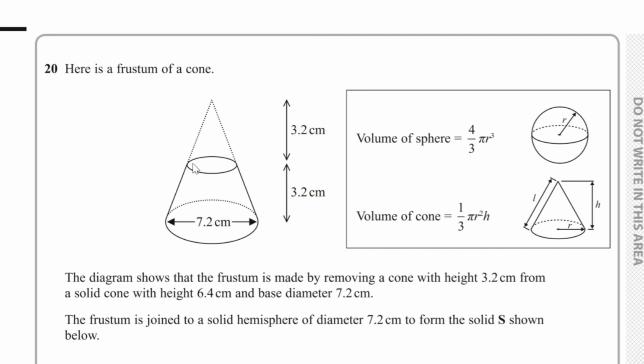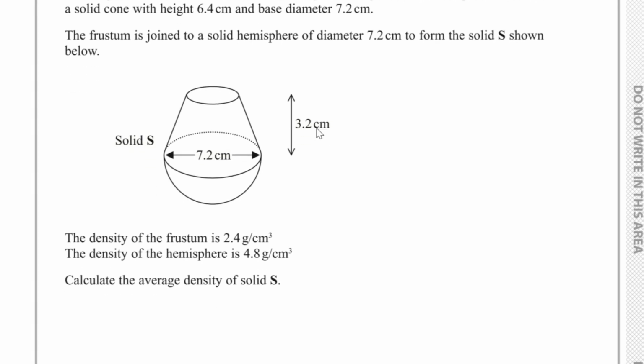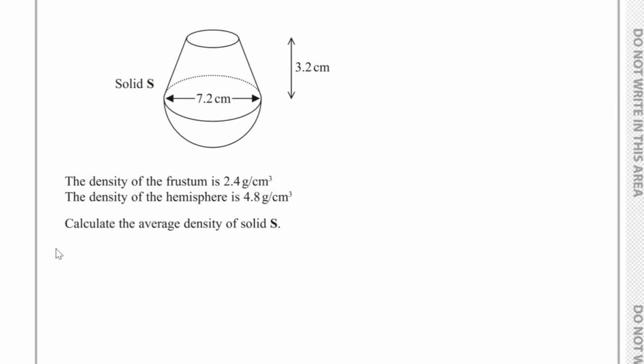Well, what we need to do before anything else is find out the diameter of the smaller cone. The height of the larger cone is 6.4. The height of the smaller cone is 3.2. And so the length scale factor is equal to 6.4 divided by 3.2, which is 2.